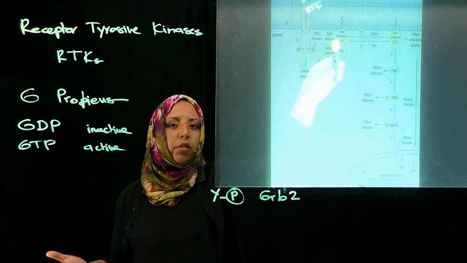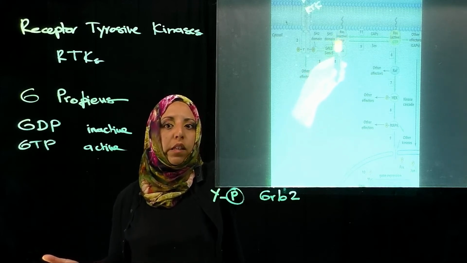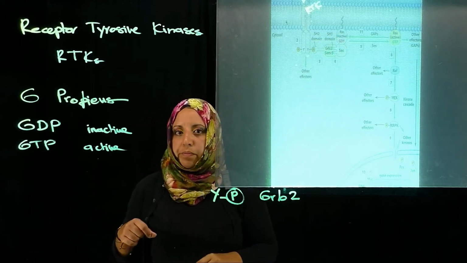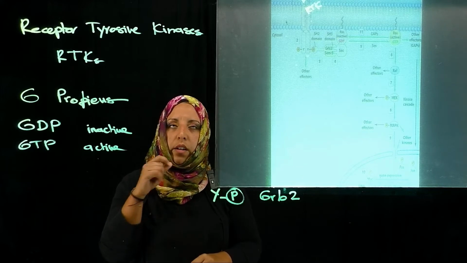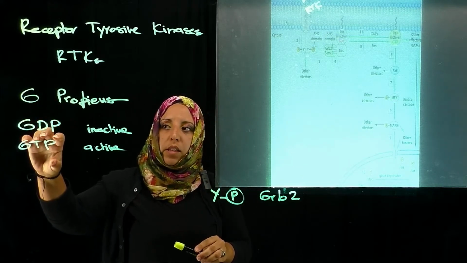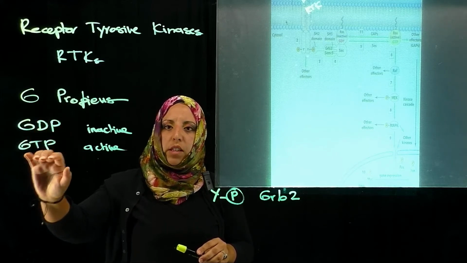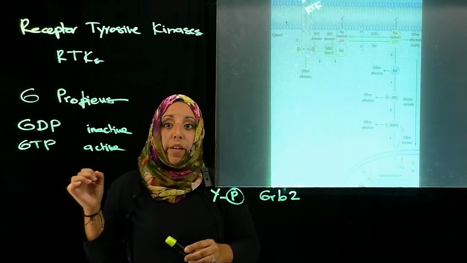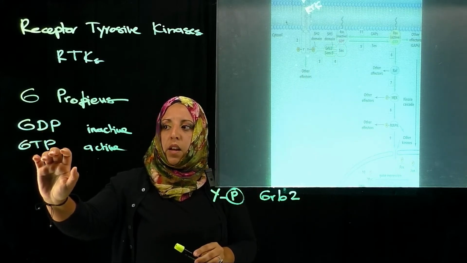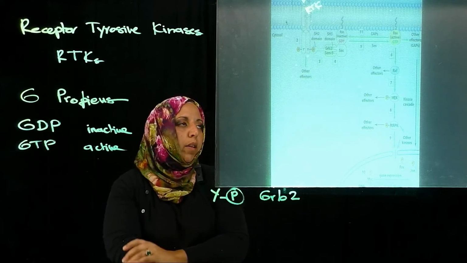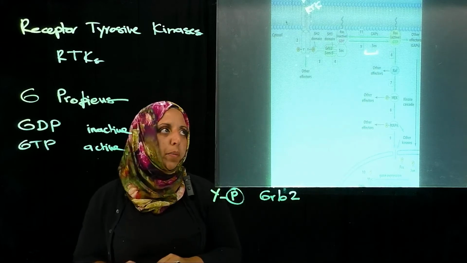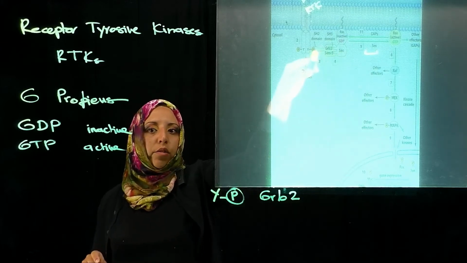So Ras is initially inactive and it's bound to GDP. When SOS binds to Ras, it will cause it to exchange its bound GDP for GTP. GDP and GTP bind to Ras very tightly, and only when SOS is bound is GDP replaced by GTP. So really, SOS is activating Ras once it's bound to it, and SOS is bound to GRB2.